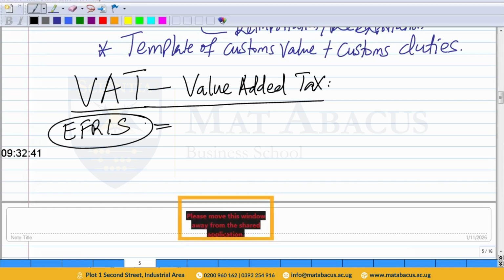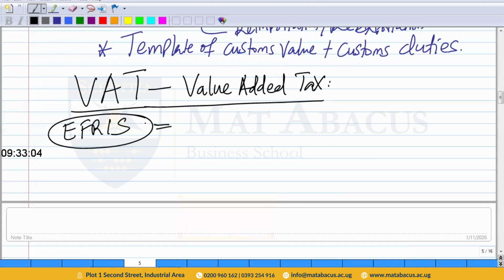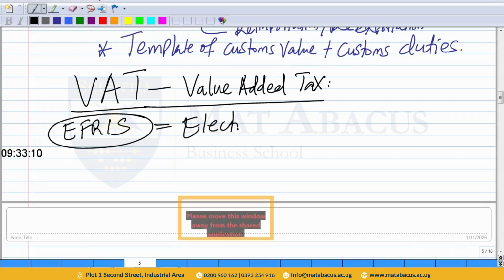Anyone who has heard about IFRIS? Anyone? Okay. Yes, please tell us. It is electronic fiscal receipting and invoicing system.